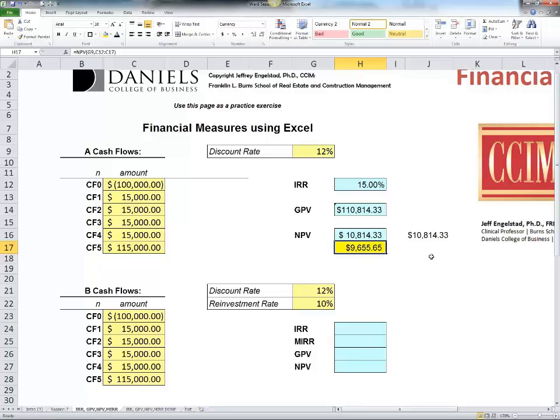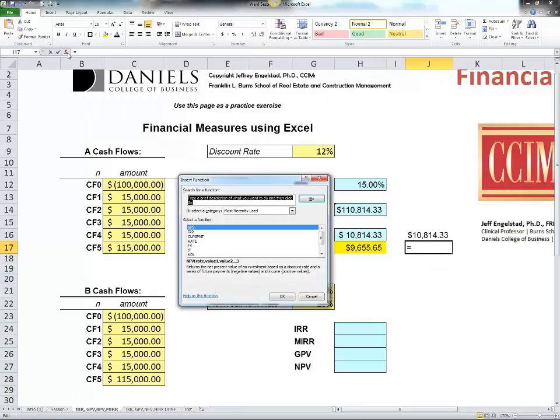Now, let's see if you're really paying attention. What is the relationship between the $9,655 and the $10,814? You know how we can get from $9,655 to $10,814? Or rather, get from the $10,814 to the $9,655? We could go either way. But you know what we're going to do? We're going to discount it one period. So let's do this.